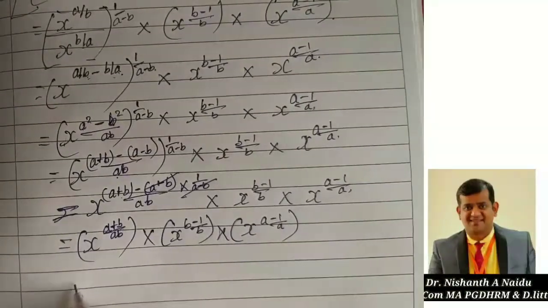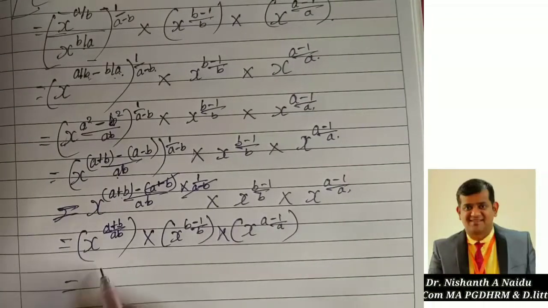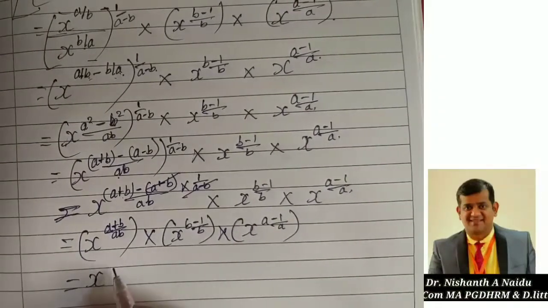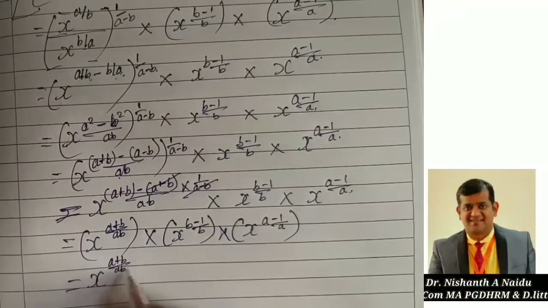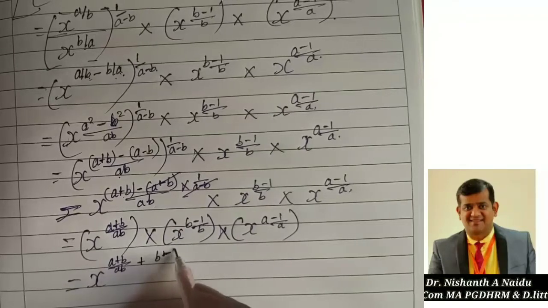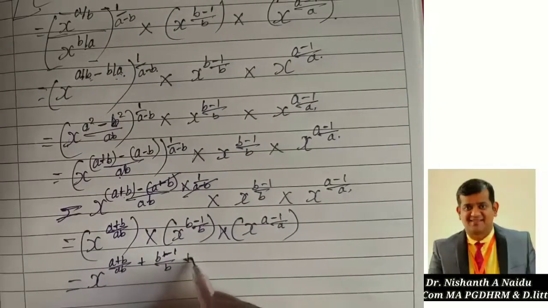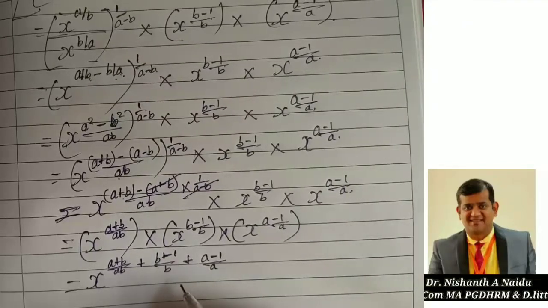Okay, so in the next step, when bases are same, powers can be added. So x to the power (a plus b) divided by (ab), plus (b minus 1) divided by b, plus (a minus 1) divided by a.